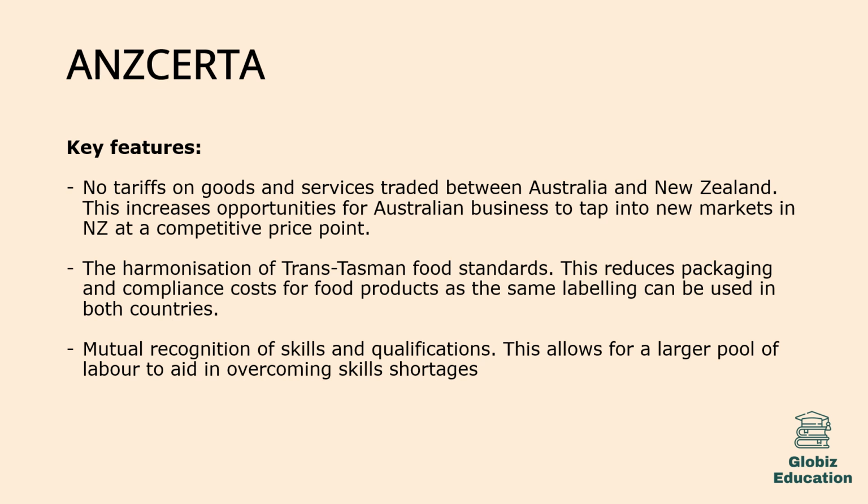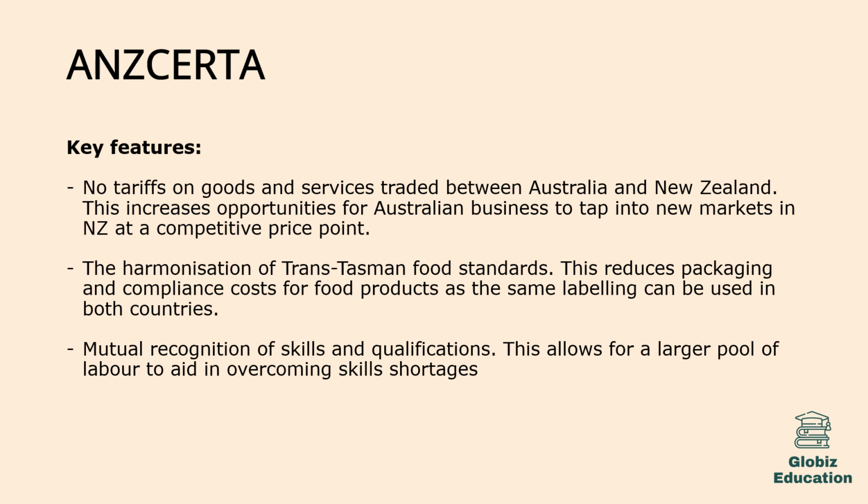So the first one for the ANZCERTA is that there are no tariffs on goods traded between Australia and New Zealand. Now, the next sentence you can see there is really, really important, because I would always suggest, even if the question doesn't ask, that you explain why that's good. And in this case, it allows Australian businesses to export to New Zealand at a competitive price point. There's no tariff added on to increase the price in that market. You can sell it for the most competitive price that you wish to.